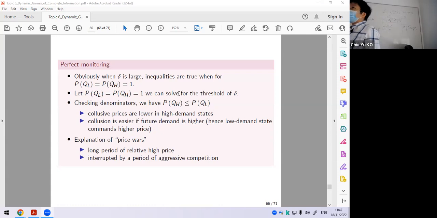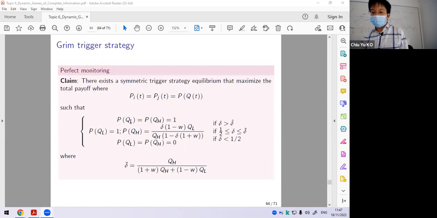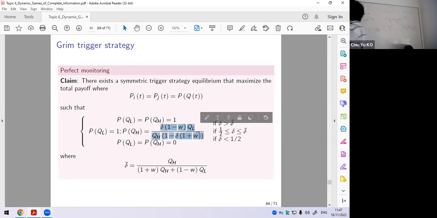So when the economy is good, you have prices competing. That's why you see price wars only when the economy is good. In a bad time, you don't see that. They stop fighting.